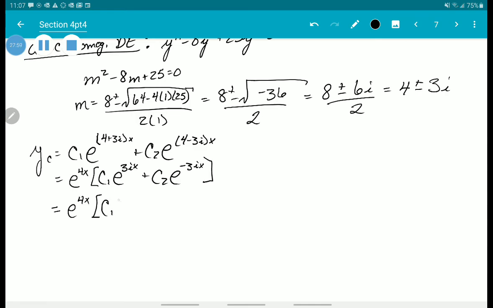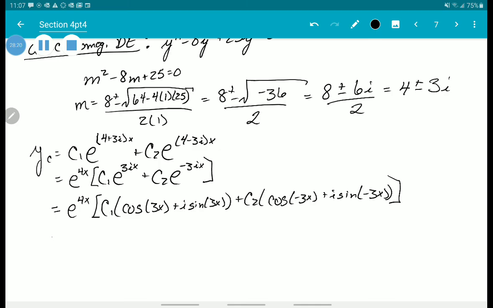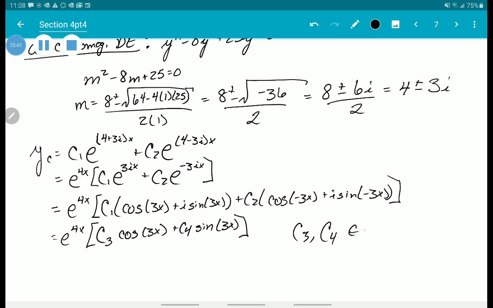So we would have c1 times cosine of 3x plus i sine of 3x, plus c2 times cosine of minus 3x plus i sine of minus 3x. Using even-odd properties of cosine and sine, we can condense this to c3 times cosine of 3x plus c4 times the sine of 3x, where c3 and c4 could be complex.